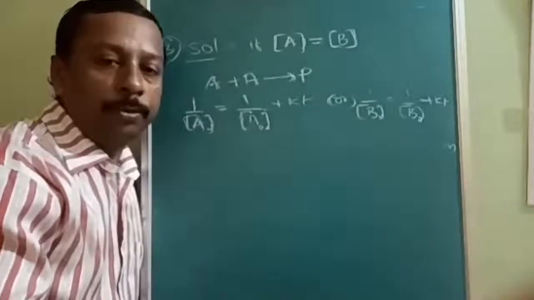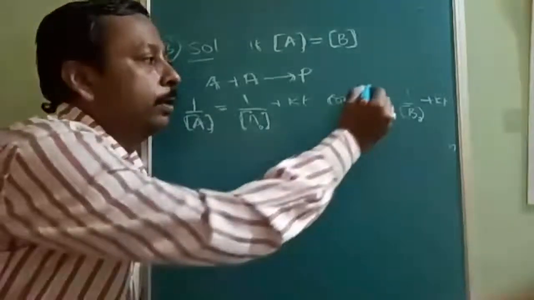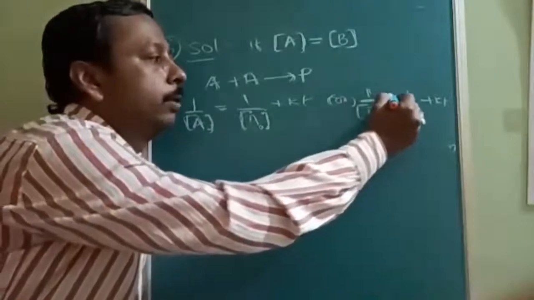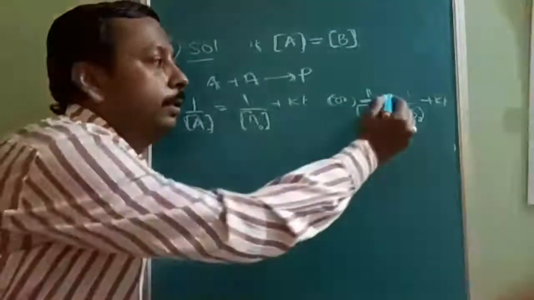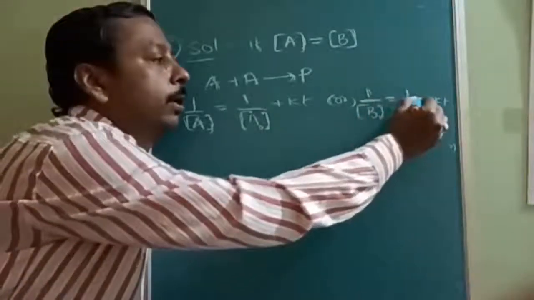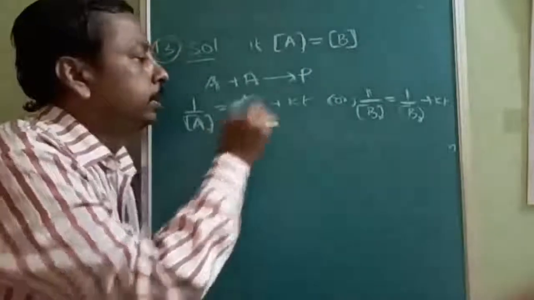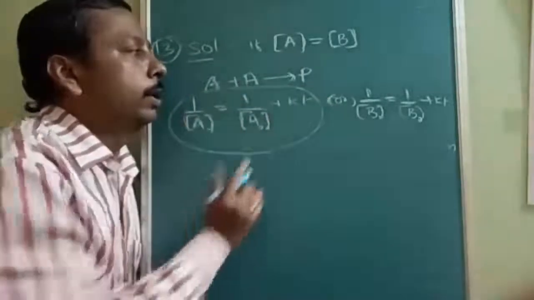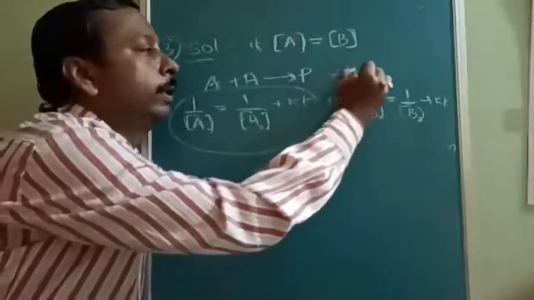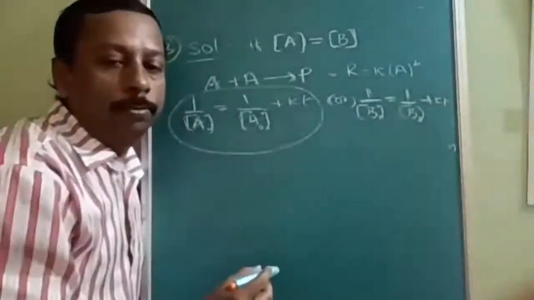Before this, we have written the rate law for the second order reaction with respect to two different reactants. Now he is asking simply about a second order reaction with respect to a single reactant. So this is the rate law for the second order reaction, or we can say R is equal to K into A to the power of 2.